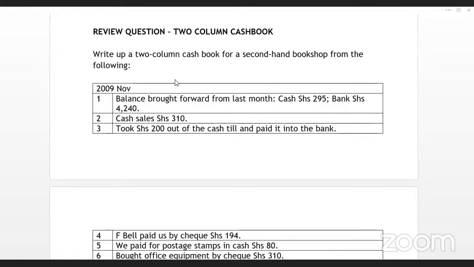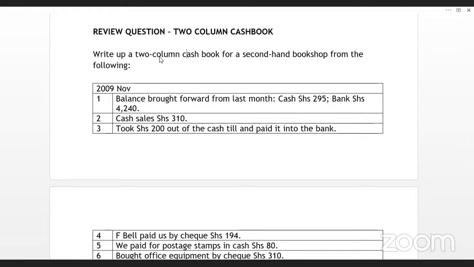Let us move to page 63. Who is reading for us the question on page 63? Pasco. Yes, Pasco.